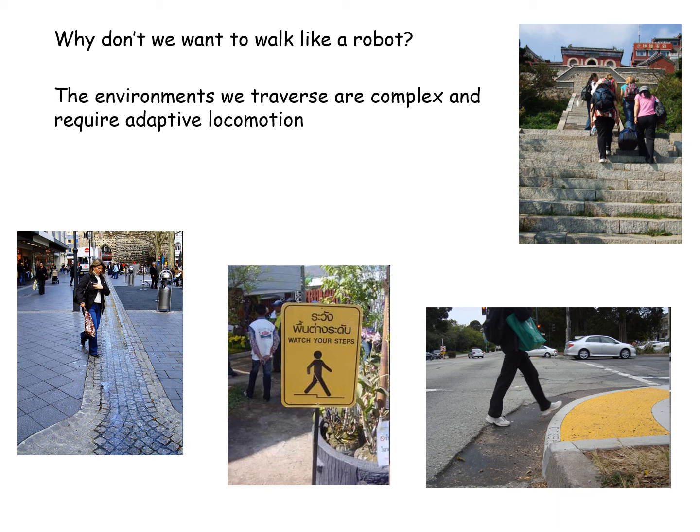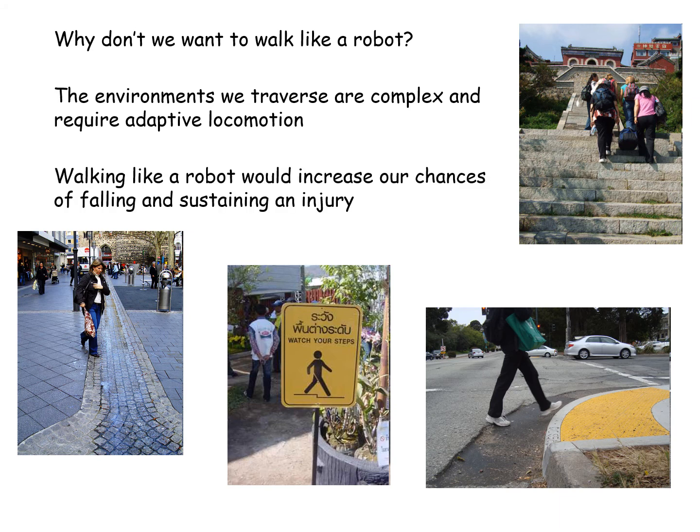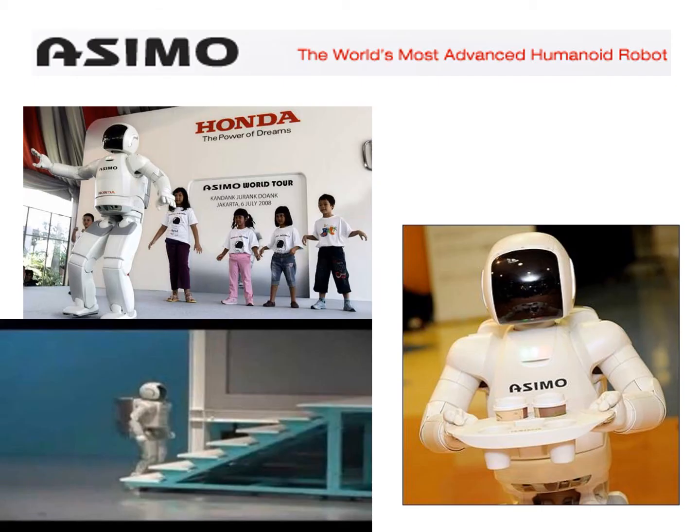So you've got to move around obstacles constantly. If you're walking like a robot, that would simply make it harder. So walking like a robot would increase our chances of failing and sustaining an injury. It makes it harder for us to overcome this complex environment.